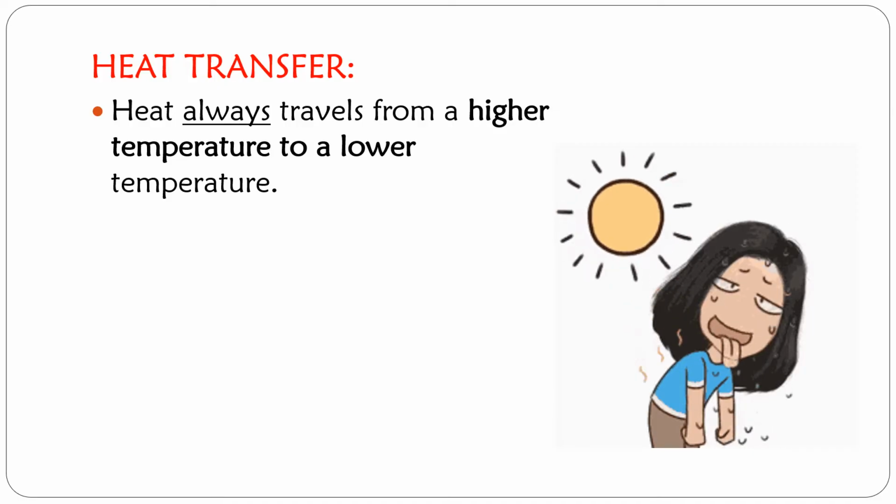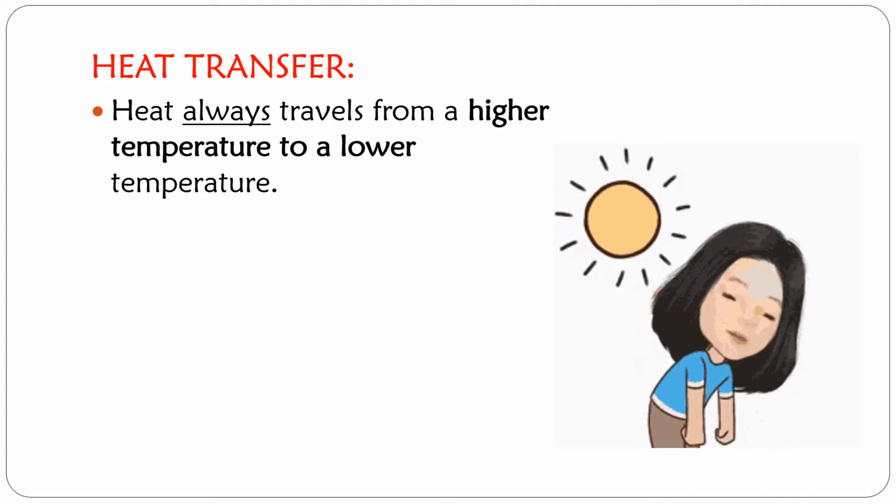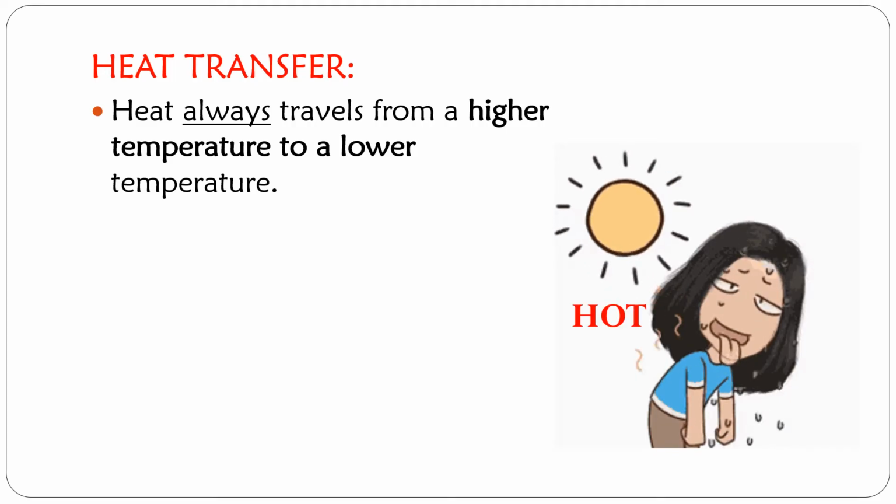The outside, the surroundings around us, let's say we are the system and the surroundings are everything we have around us, the atmosphere. It's very hot compared to our body because our body is comparatively cold compared to the surroundings.